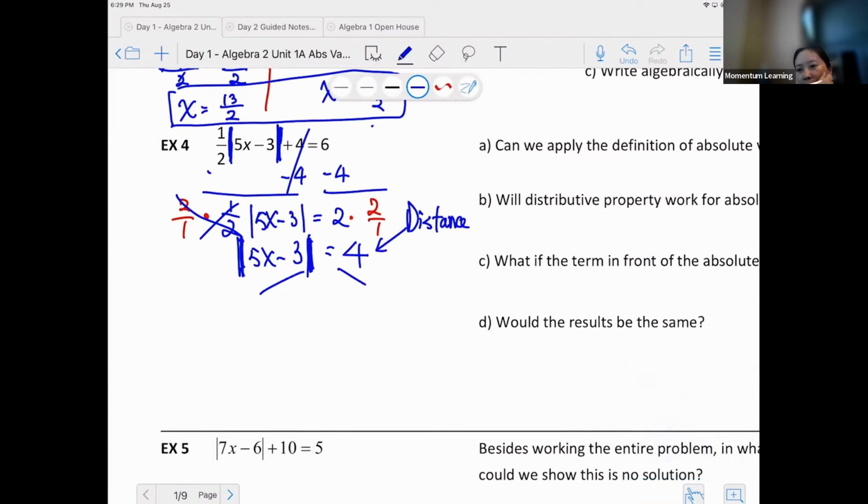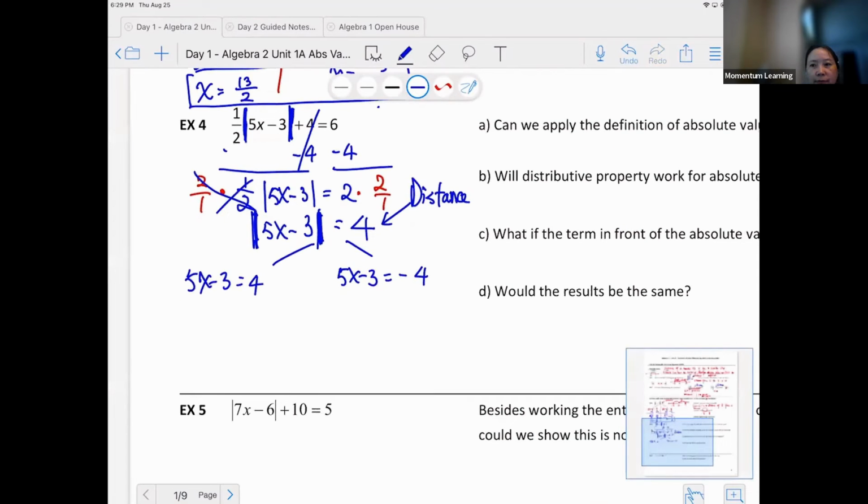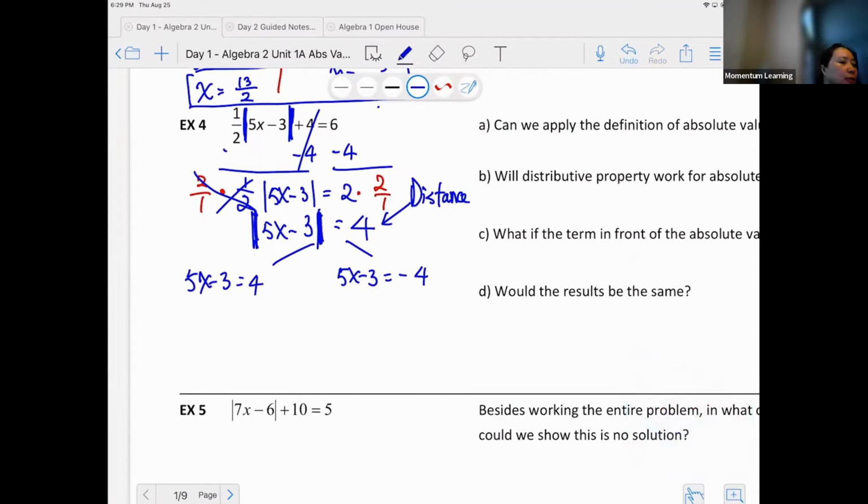Let's practice one more time to split that. Copy down everything except the bars, so it's just 5x minus 3 equals 4. And the other side is 5x minus 3 equals the opposite, -4. 4 units to the right, 4 units to the left. Then just keep going.